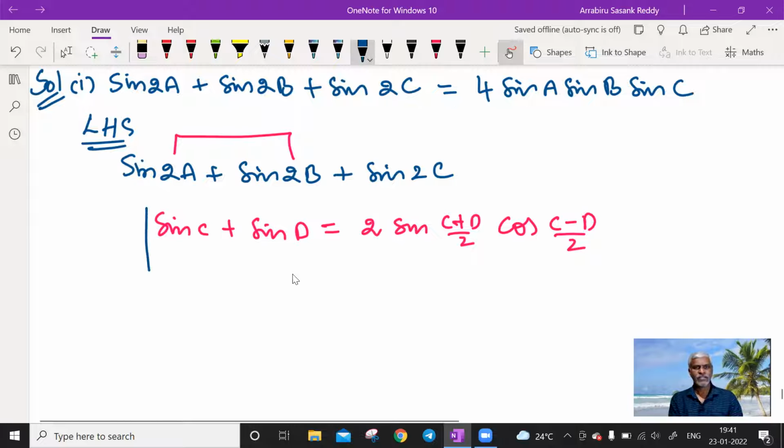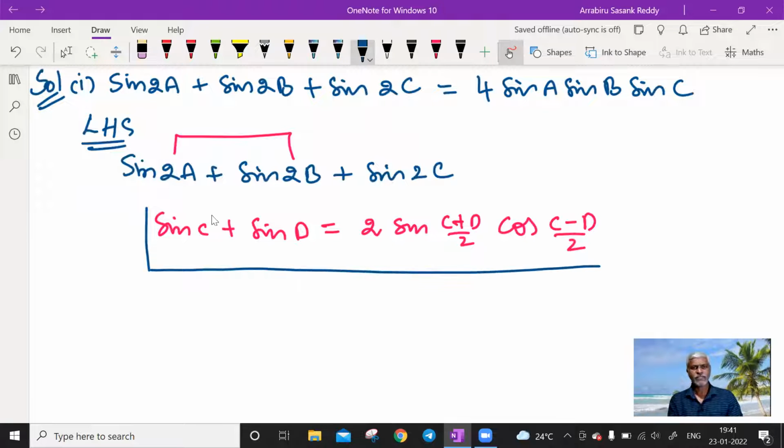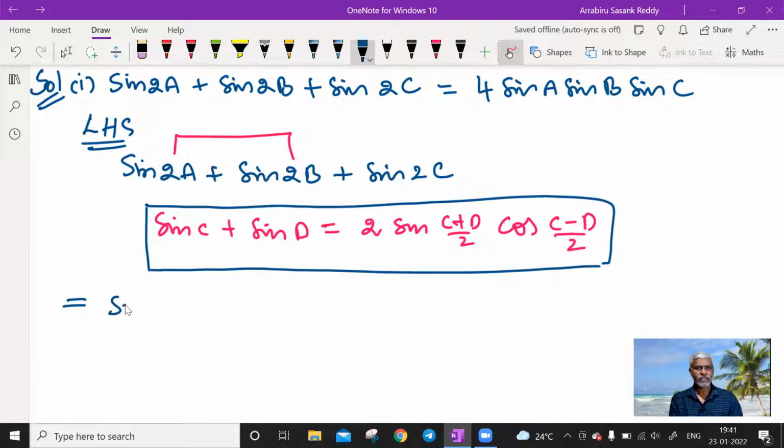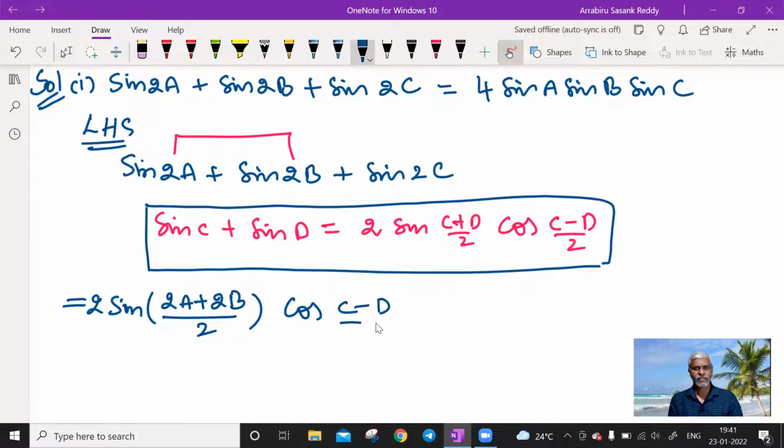So using this formula, here 2 sin of (C plus D) by 2, where C is 2A and D is 2B, gives (2A plus 2B) by 2, and cos of (C minus D) by 2 gives (2A minus 2B) by 2.